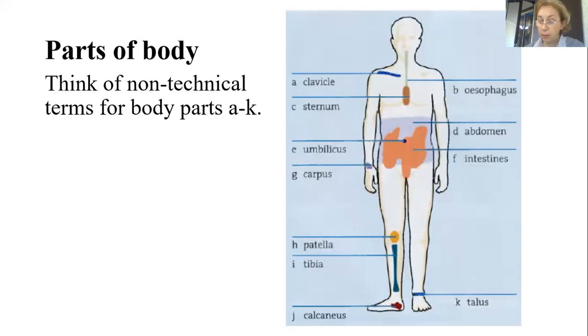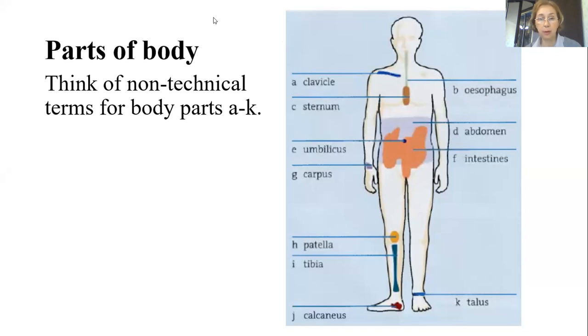Okay, so let us check what we've done together. For clavicle, Emma? Collarbone. Clavicle, it's collarbone, okay. B is esophagus.